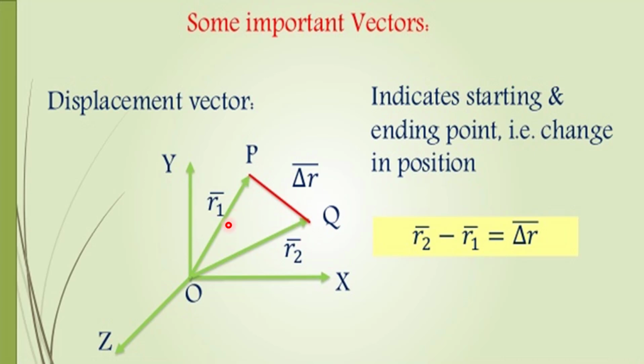At P we draw a position vector R1, at Q we draw a position vector R2, then we subtract these two position vectors and we get this displacement vector delta R. So R2 minus R1 is delta R. This delta R indicates the starting and ending point, that is the change in position. That's why it is known as the displacement vector.